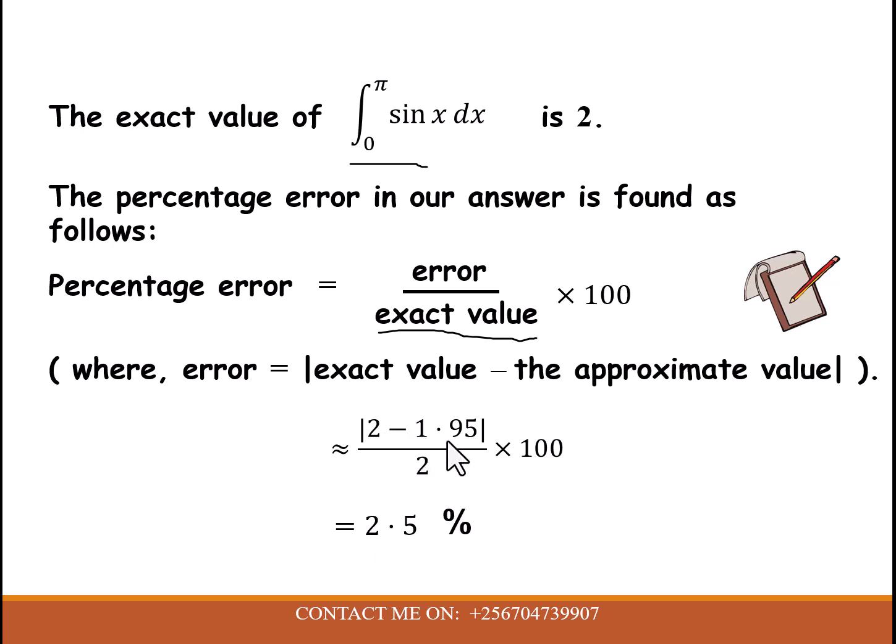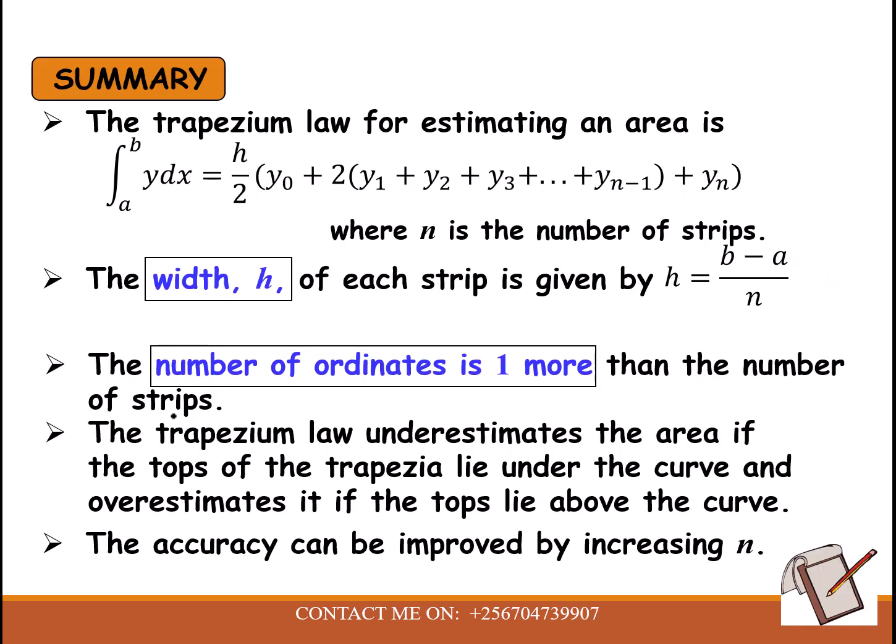So 2 minus 1.95, you will get 0.05, and then divide it by 2, multiply by 100, you'll get 2.5%.